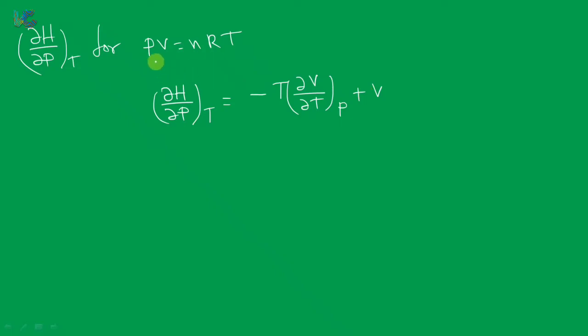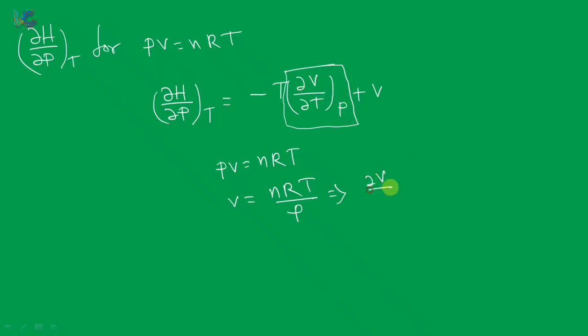That means for ideal gas, if you want to measure the value of del H del P at constant T, you have to get the value of this quantity del V del T at constant P. So you will use the PV is equal to nRT gas equation, and we will derive the value of this term del V del T at constant P. That means PV is equal to nRT, so V is equal to nRT by P. You want to measure del V del T at constant P. The pressure is constant, n is constant, and R is also a constant.